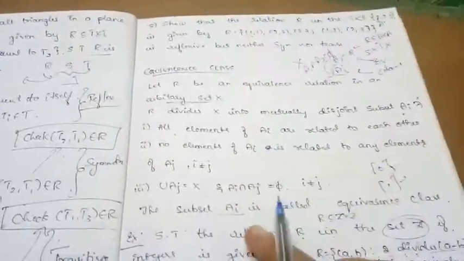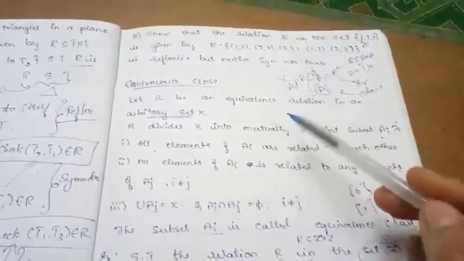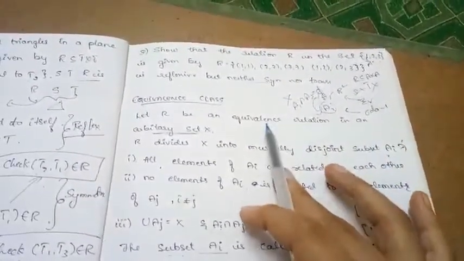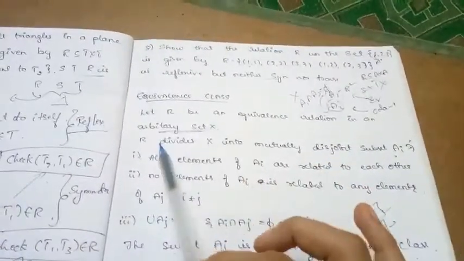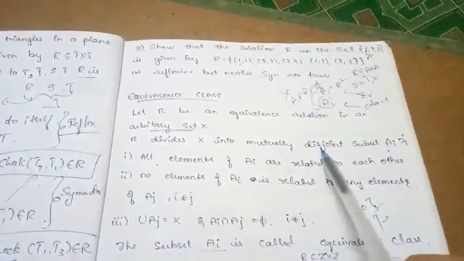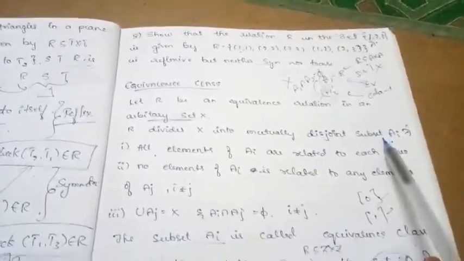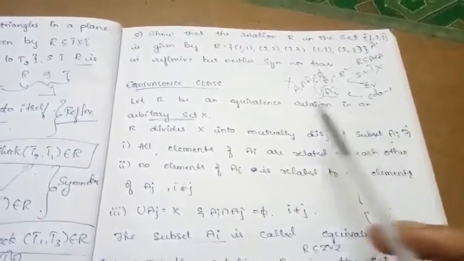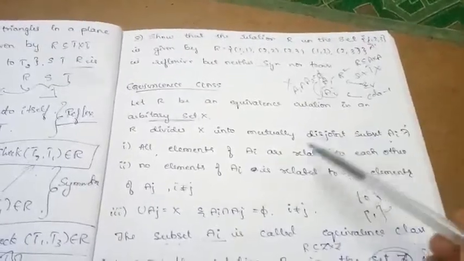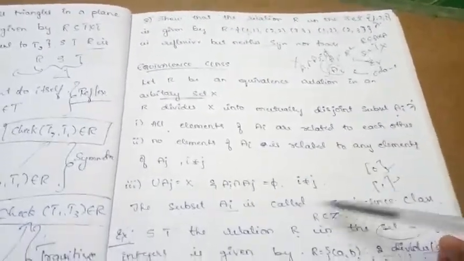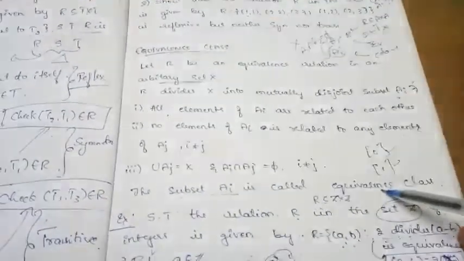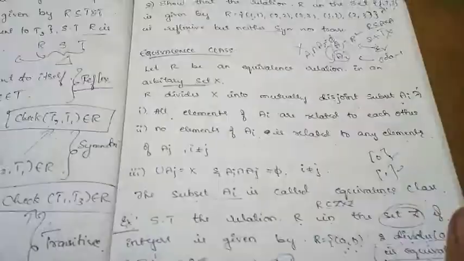So if R is an equivalence relation on an arbitrary set X, and that relation divides X into mutually disjoint subsets Ai that satisfy these three conditions, then those subsets are called equivalence classes. This is what an equivalence class is.